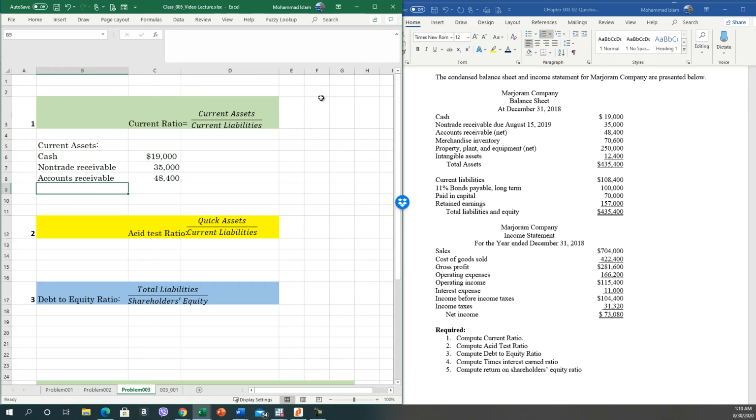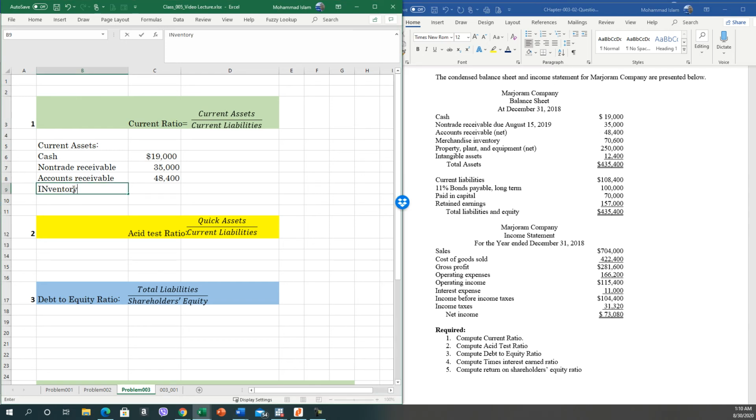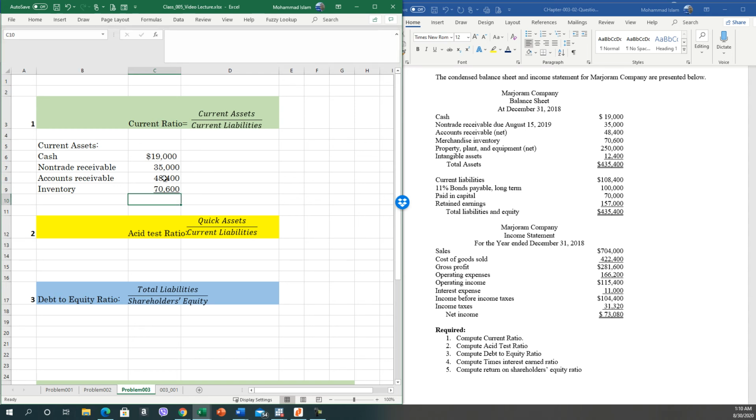The final current asset is merchandise inventory, so we have 70,600 inventory. Let's underline it. And this is the total current assets. Let me just insert a new row.